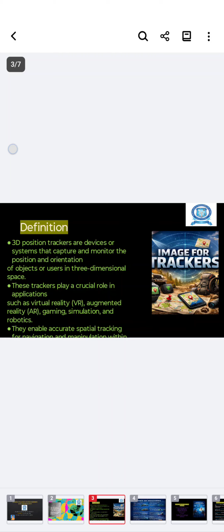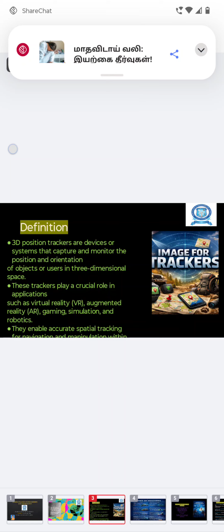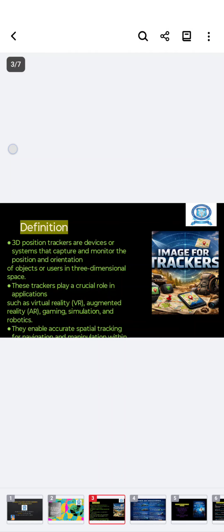They play a crucial role in applications such as virtual reality, augmented reality, gaming, simulation, robotics. These trackers enable accurate navigation and manipulation within virtual environments. In simple words, 3D position trackers help a system understand where an object is and how it is moving.